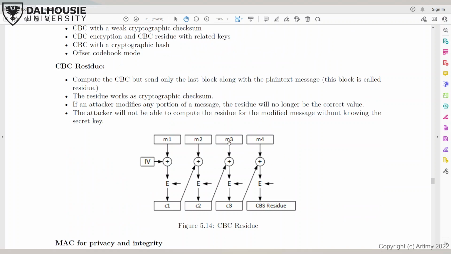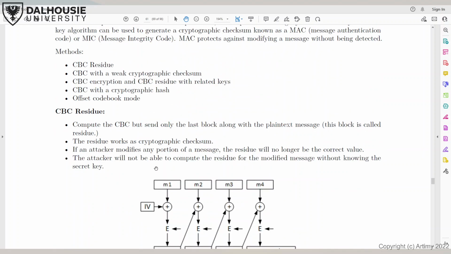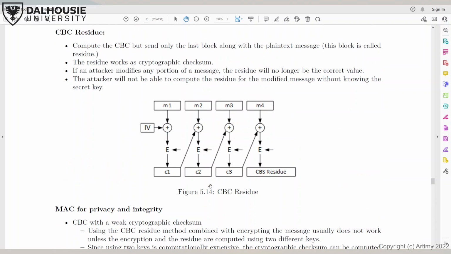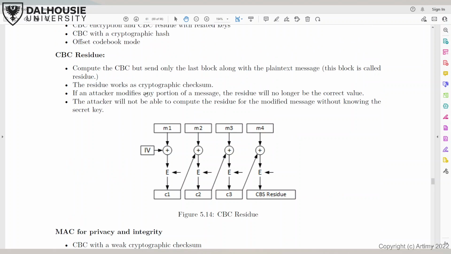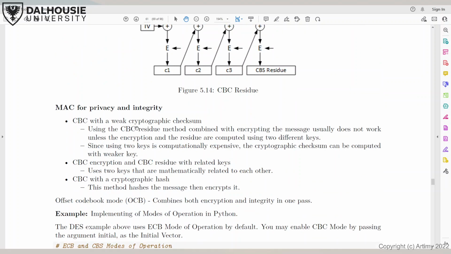So you can see here this part explains the integrity checksum, and this part talks about the cases where we need to do privacy and integrity. So we can do the CBC with weak cryptographic checksum, where we actually use two keys.